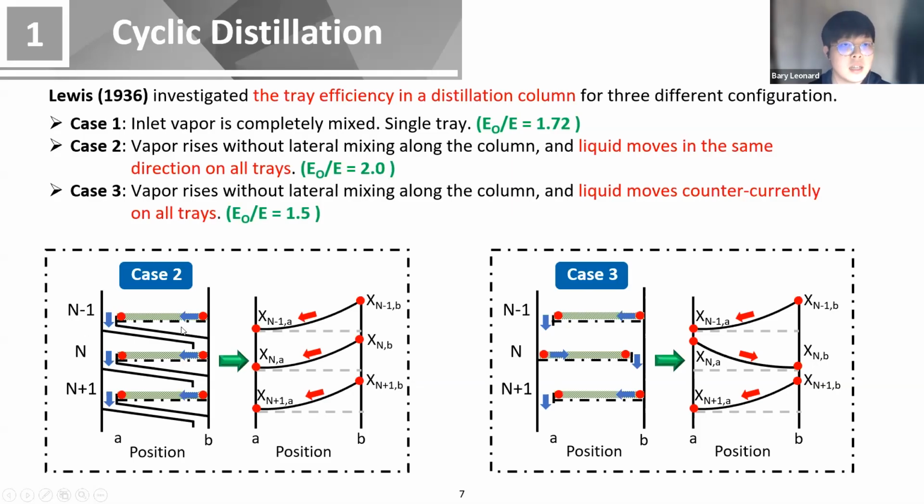We can see here that for case 2, because we have the same liquid flow direction on each stage, we can have this parallel concentration gradient within the column. Whereas for case 3, the conventional distillation, we cannot have the parallel, and we actually have the anti-parallel concentration gradient.